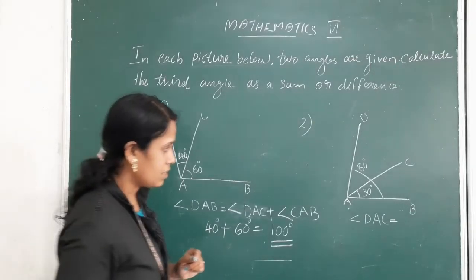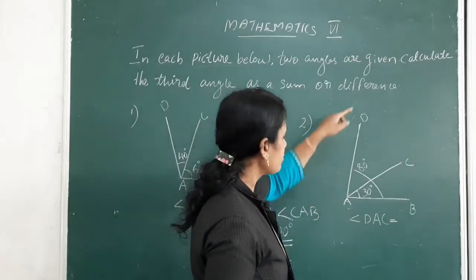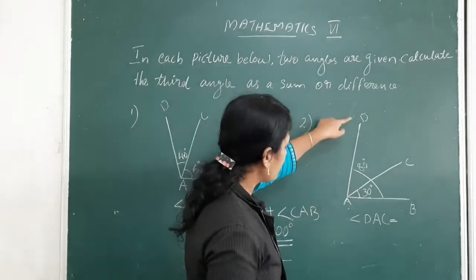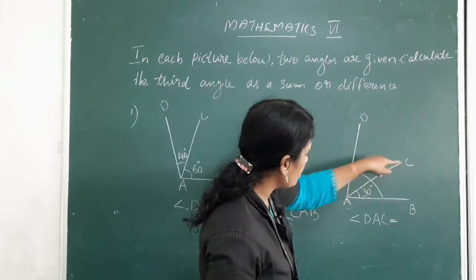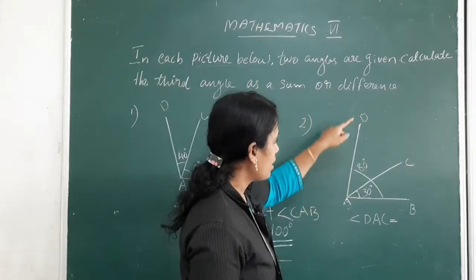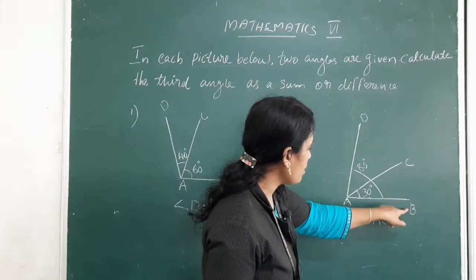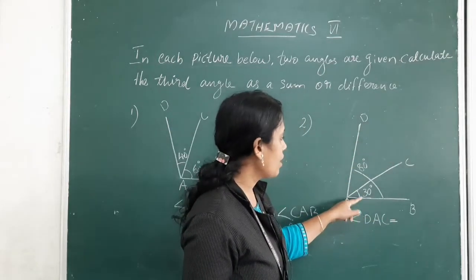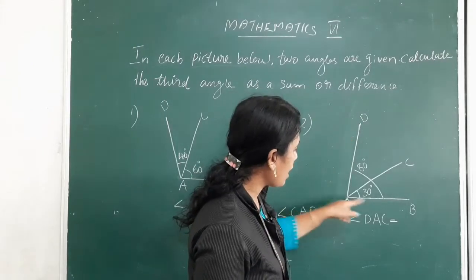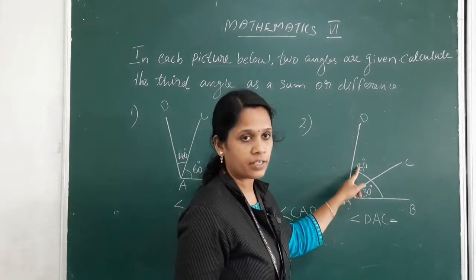Okay. Next question. Angle DAC not given. CAB 30 degree, angle DAB 80 degree.